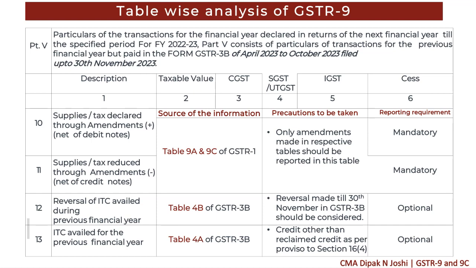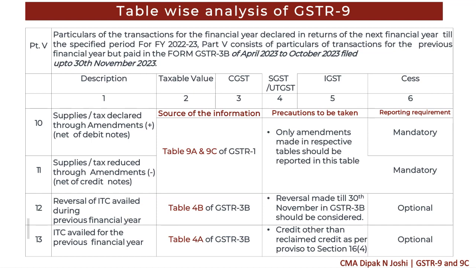So for financial year 22-23, if you have amended any information till 30th November 2023 in GSTR 1 in tables 9A and 9C, then all such amendments along with debit and credit notes you can report in this table. The only precaution you require to take is that only amendments made in the respective table should be reported in this table. If you have not made any amendments, you cannot post such entries in this table. Again, this table is mandatory.